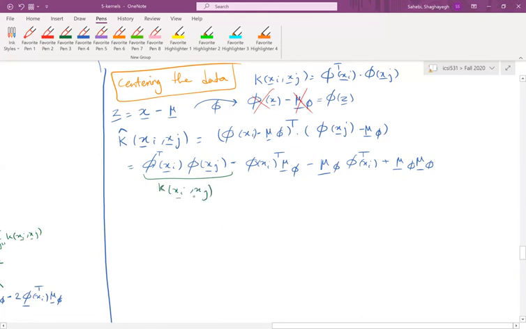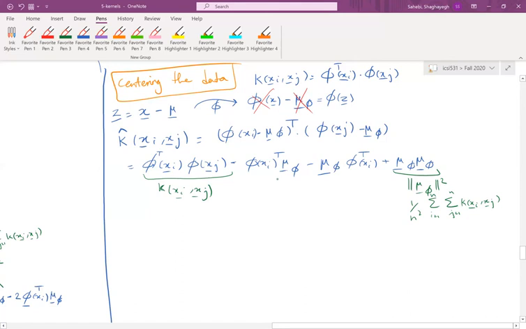First of all. And this is the norm squared of mu phi, which we have from before, which is equal to 1 over n squared, sigma i equals 1 to n, sigma j equals 1 to n, of the kernel between xi and xj, right?